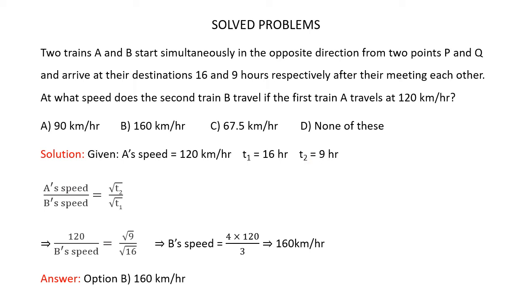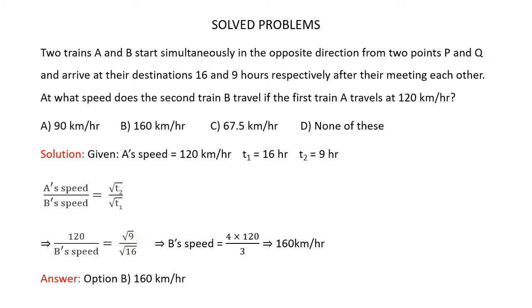Now B's speed can be found using the formula A speed divided by B speed is equal to square root of T2 divided by square root of T1. Substituting all these values in this formula, we get 120 divided by B speed is equal to square root of 9 divided by square root of 16.